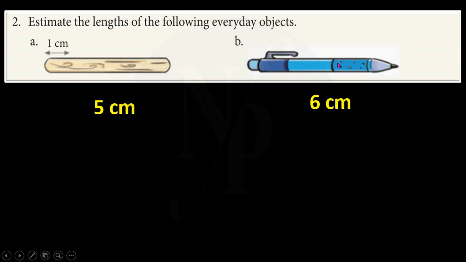It seems to be a bit longer. So we may conclude the estimated length of this pen is about 6 centimeters. Like this, we may estimate the lengths of given objects by just looking at them, not measuring using a tool or instrument.